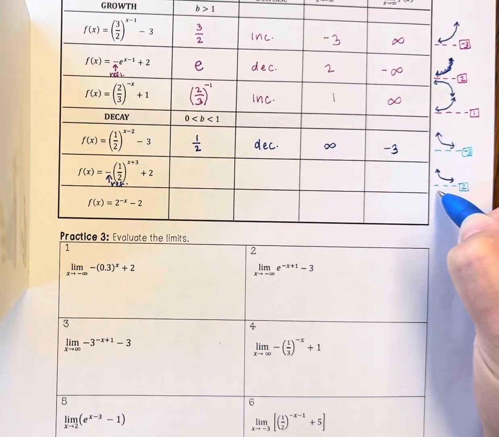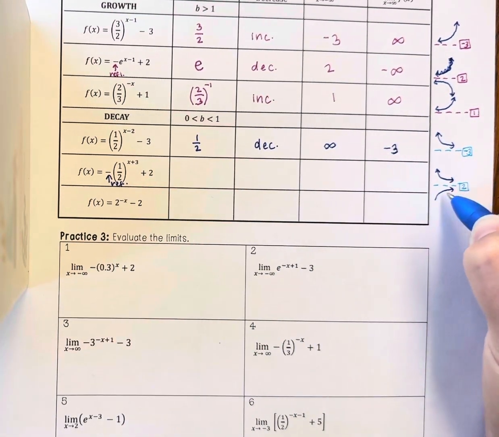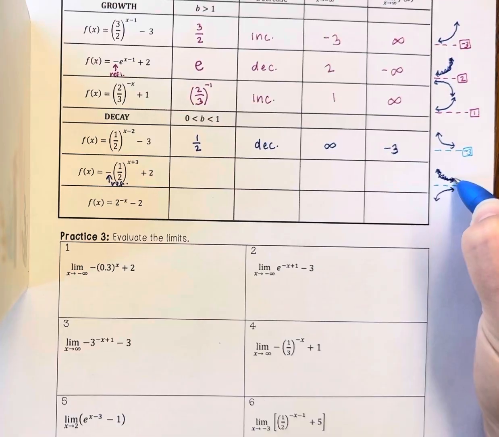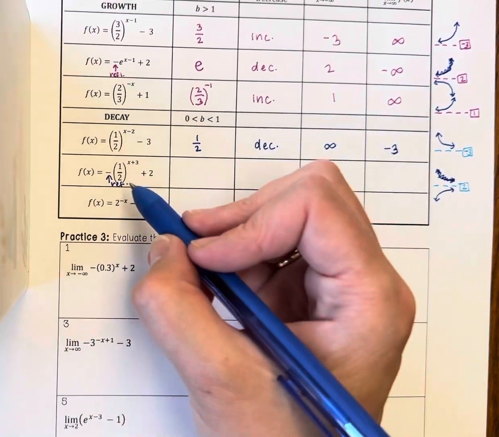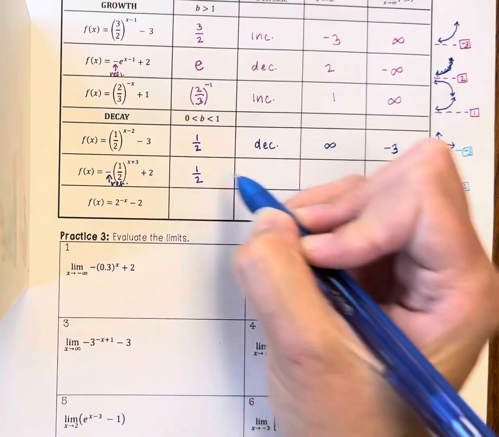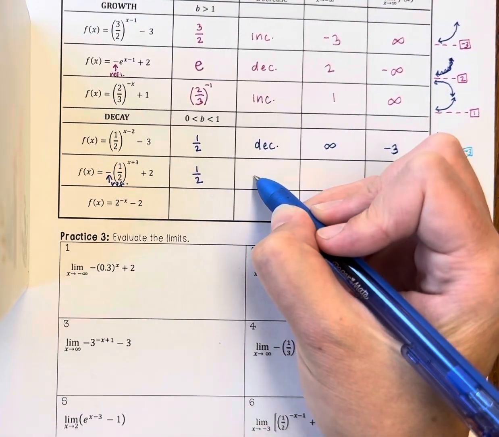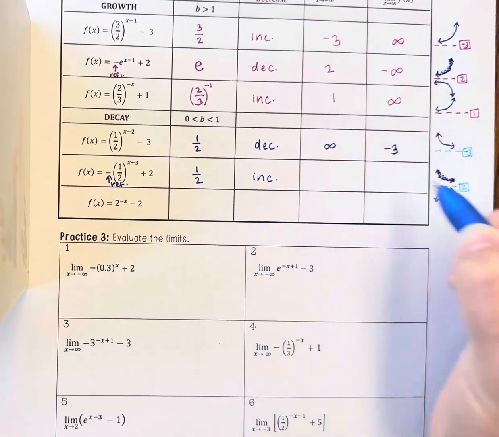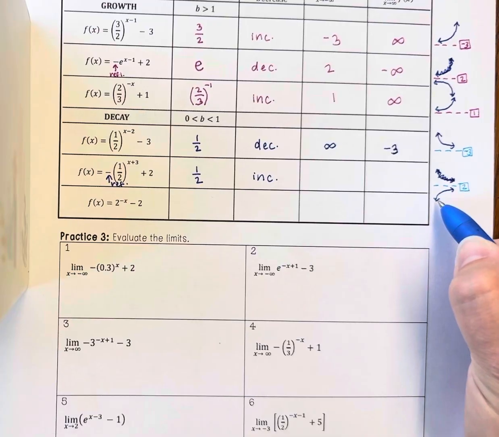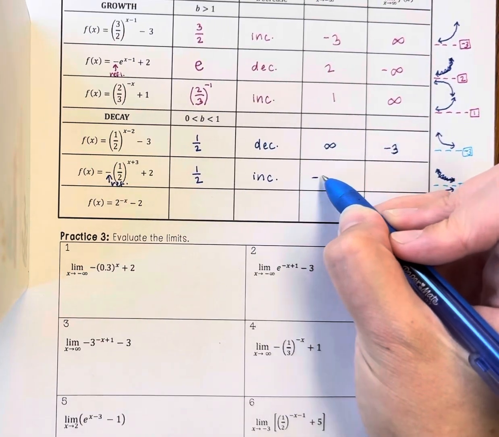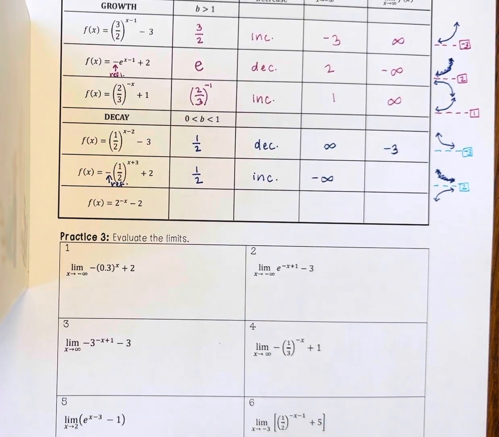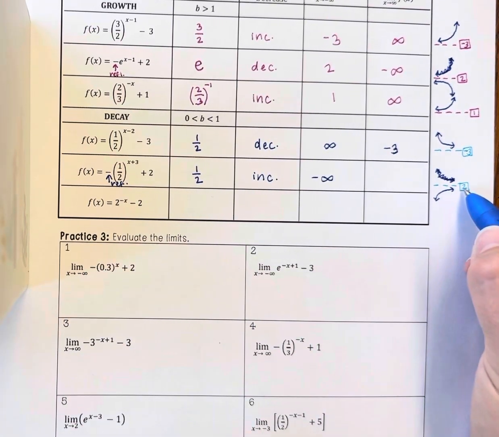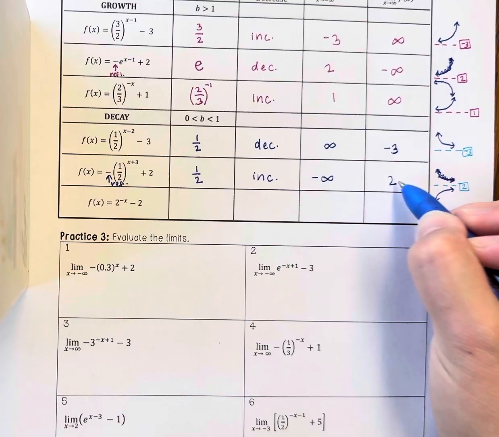So I'm going to reflect this graph over the asymptote so it really looks like that instead. All right, so my base here is still 1/2, but this graph is actually increasing technically. On the left side of the graph, it's pointing down towards negative infinity. So the limit as x approaches negative infinity is negative infinity. And the right side of the graph is pointing towards the asymptote, which happens to be at 2.